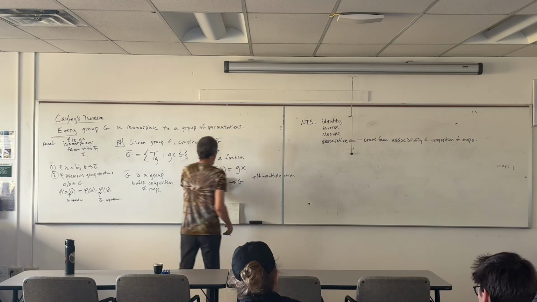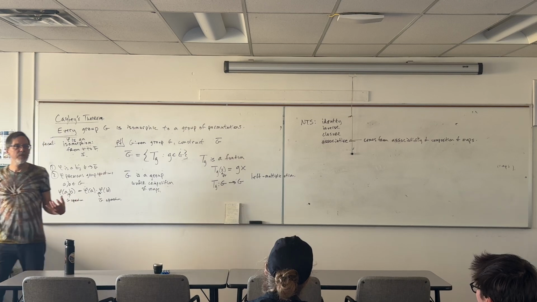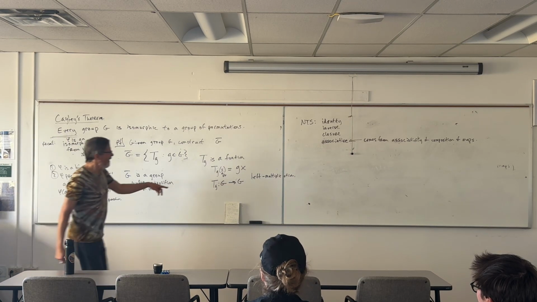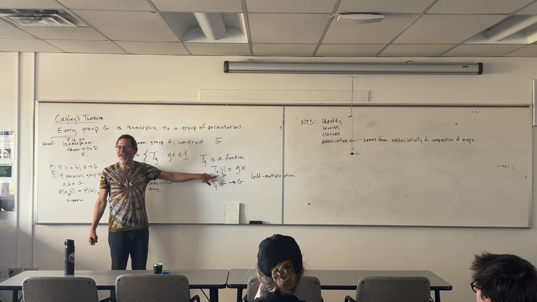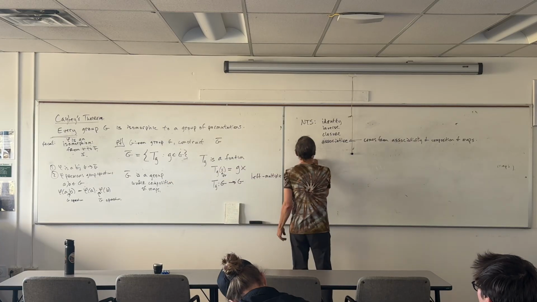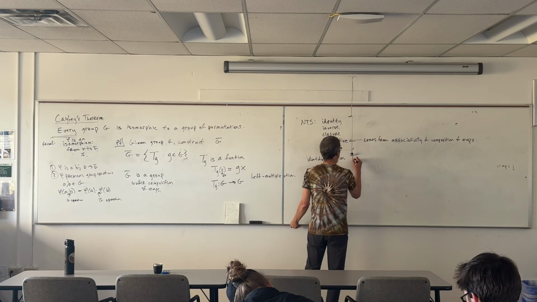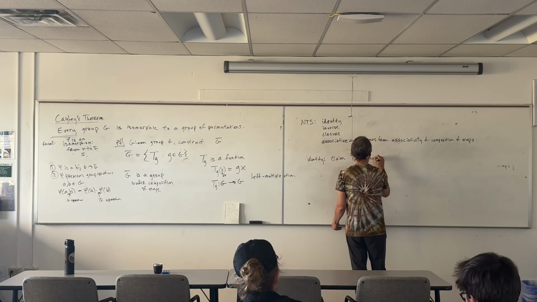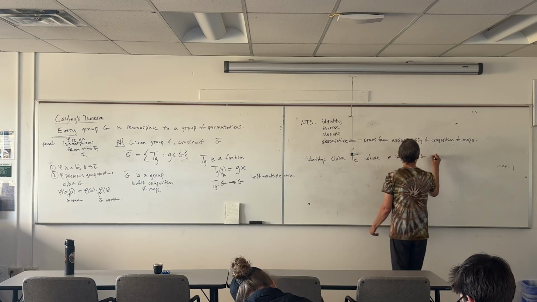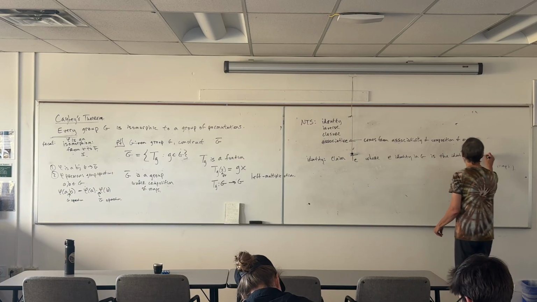So, any suspects for the identity in this group? Just like the identity permutation, the one that maps everything to itself. That sounds right to me. So T sub E will be our identity. So for the identity, we claim that T sub E, where E is the identity in G, is the identity in G bar.